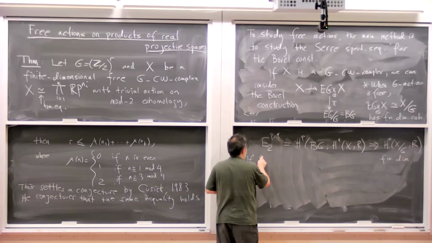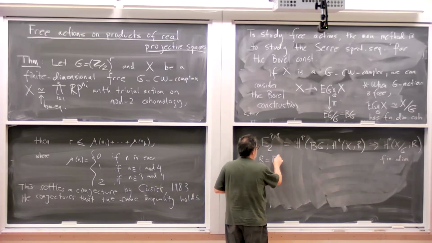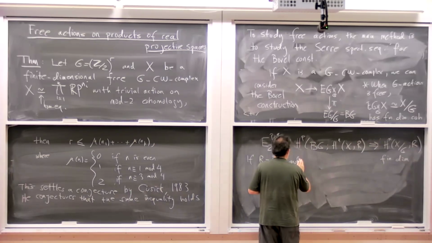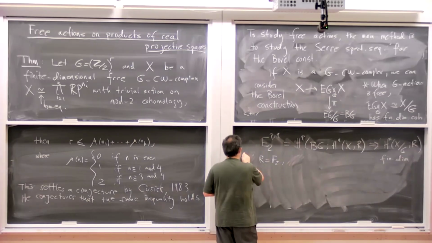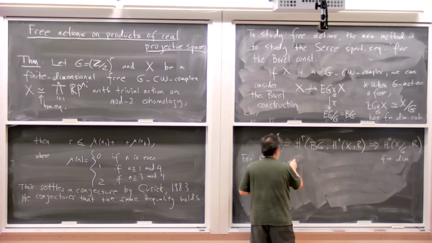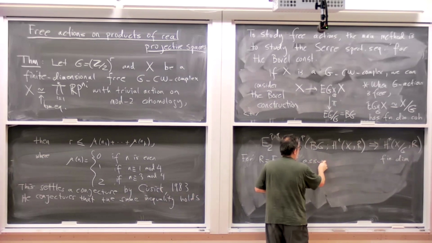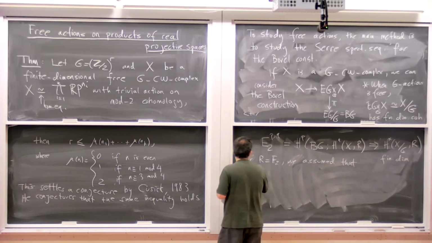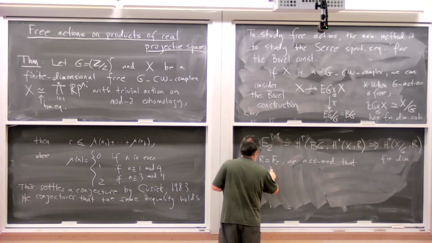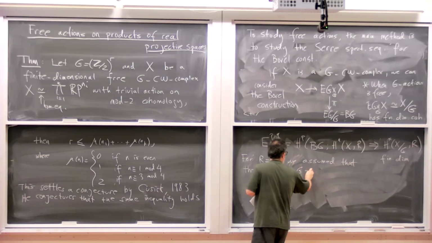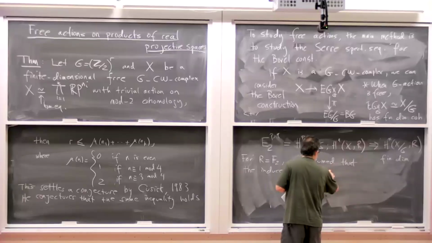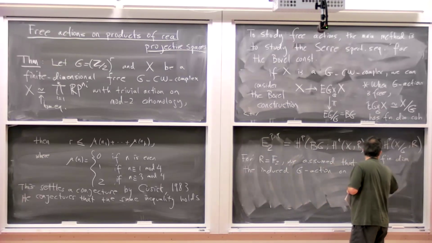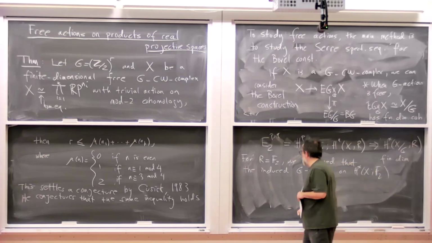So if R is F2, and we assume the induced G action on homology is trivial.